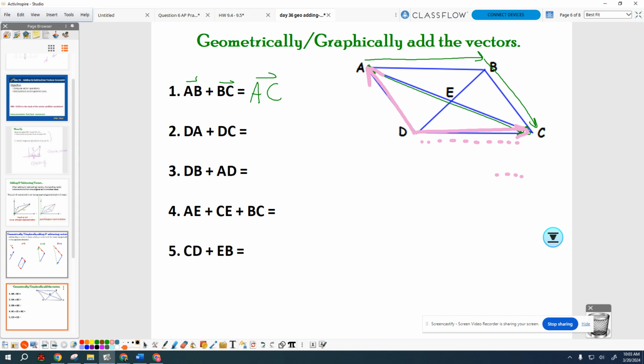This is a parallelogram, so this DC side is parallel to AB and exactly the same size. So to correctly add this, pick this bottom one up and move it up here. D to B. So D to A plus A to B, which is also the same vector as D to C.